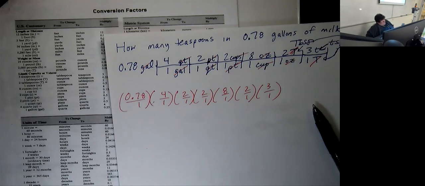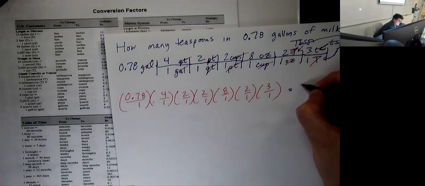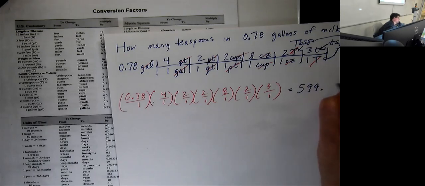You gotta get your calculator going. 16 times 16 is 256, times 3 is 768, times 0.78. What is it? Can anyone confirm that?